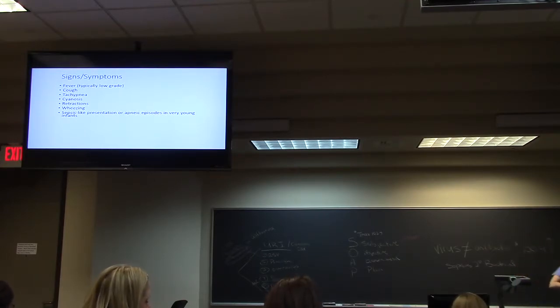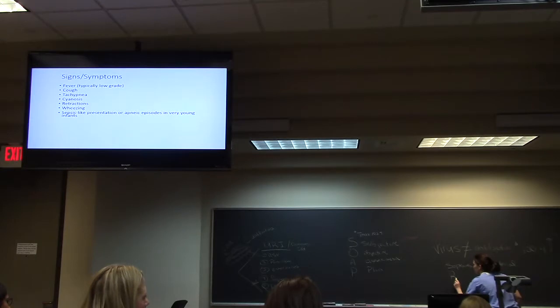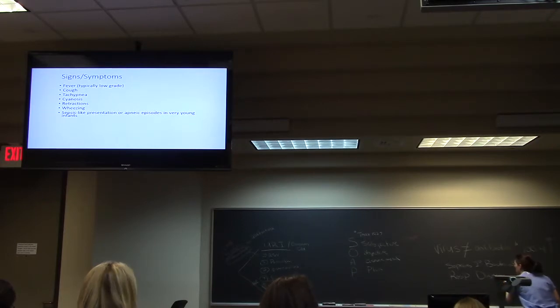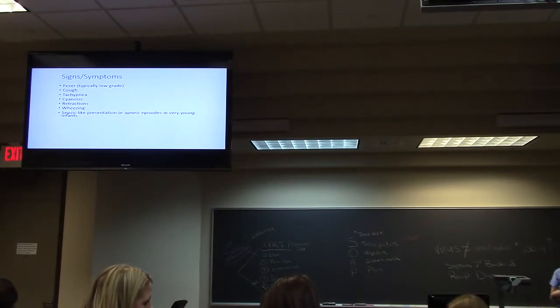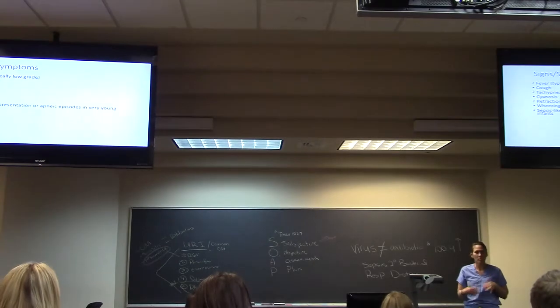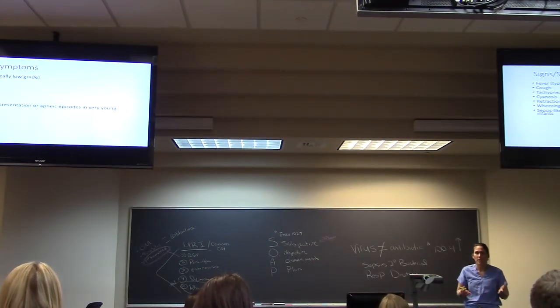The more common thing you're going to see in the emergent patient is respiratory distress. This little one, because if you think about it, that little 8-month-old only has so much reserve in their body. So when they're breathing fast, this is very true in asthmatics as well, and they're not eating and drinking as much as they normally should, their little body is going to tire out after a while.